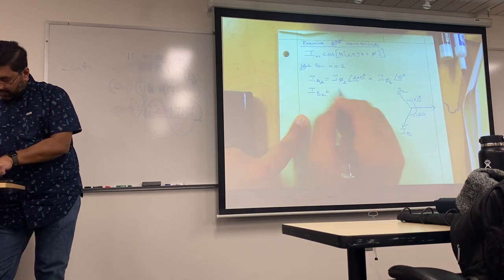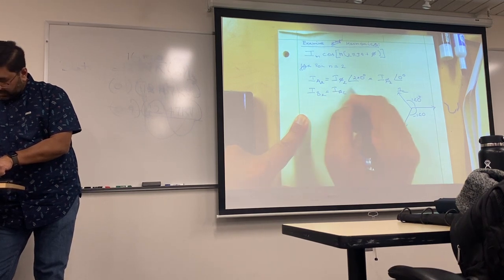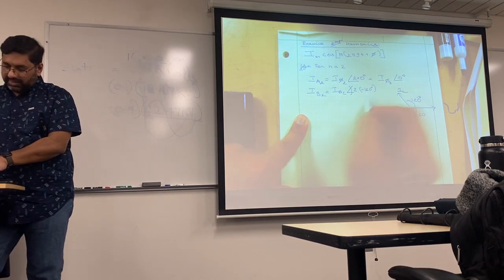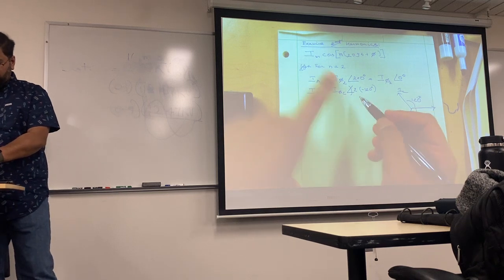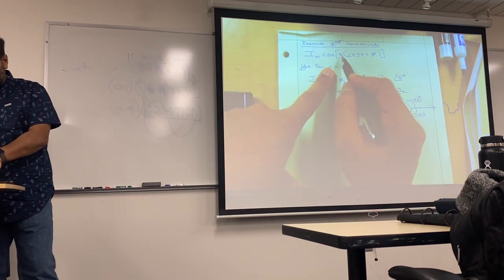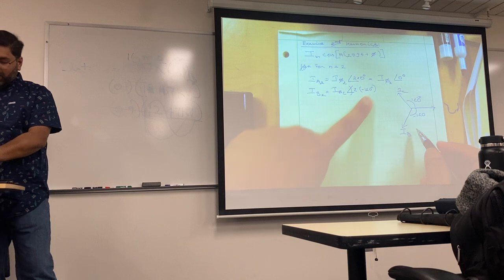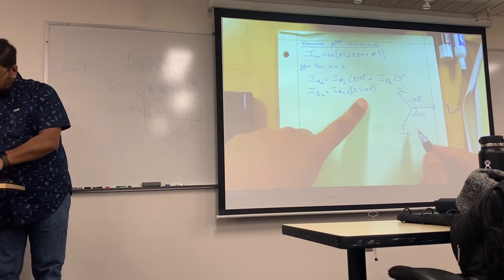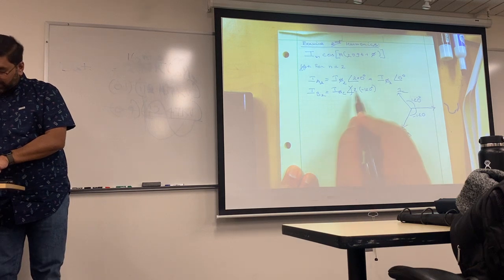So my IB2, if I go by the same logic, I phase 2 times negative 120. Keep in mind this 2 is coming from me introducing different frequencies. And what does this turn out to be? This turns out to be negative 240 degrees, right?